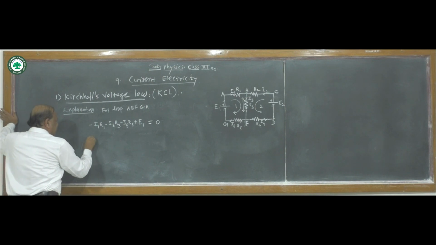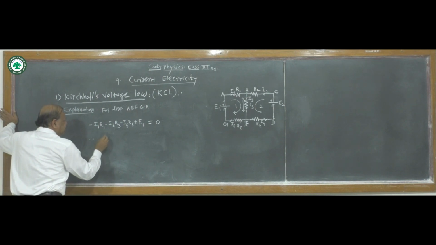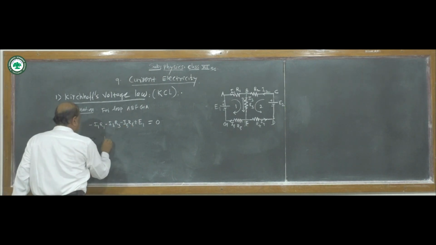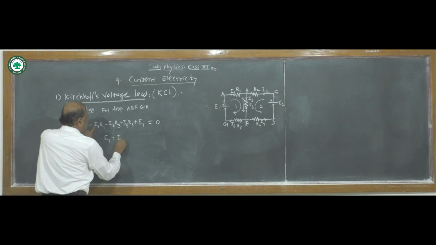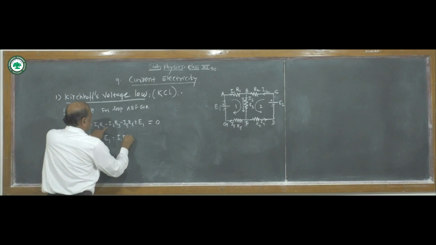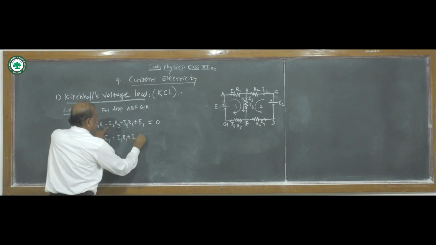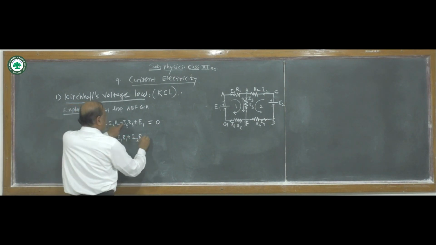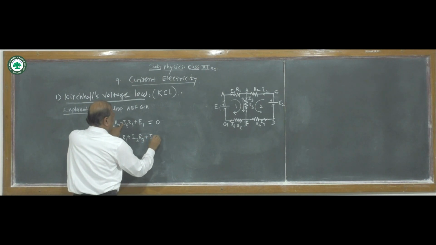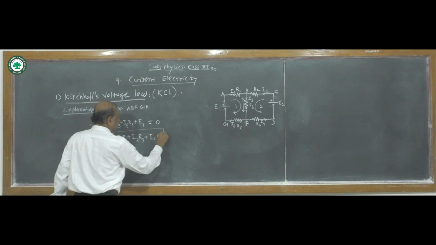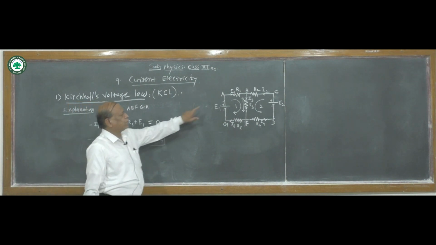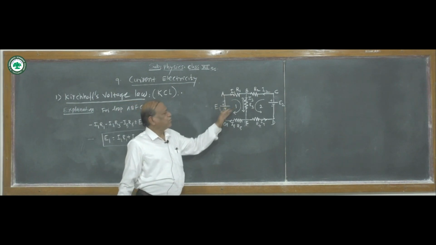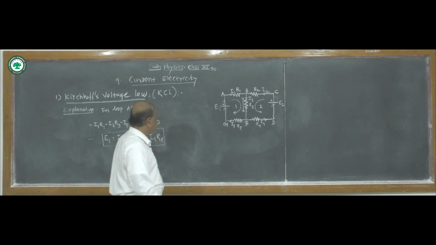Therefore this equation becomes E1 equals I1 R1 plus I3 R3 plus I5 R5. This is the value of the EMF of the first loop.